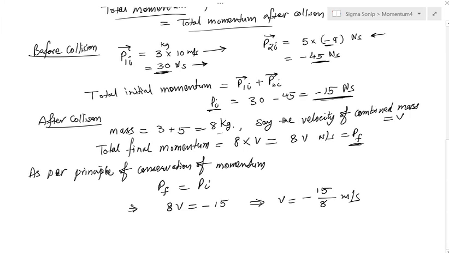The negative sign indicates that this velocity is in the negative direction, which means that after collision, when they fuse together, the combined mass would move towards the left with a velocity of 15/8 meters per second.